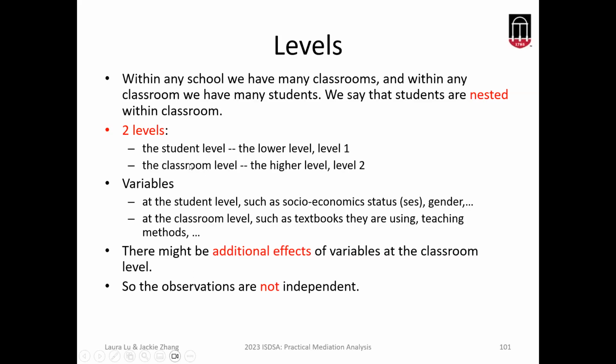If students are nested within classrooms, usually we call the students level 1 or lower level, and the higher level, level 2, is the classroom level. Or students are nested within instructors, teachers, or professors, then we have different levels.